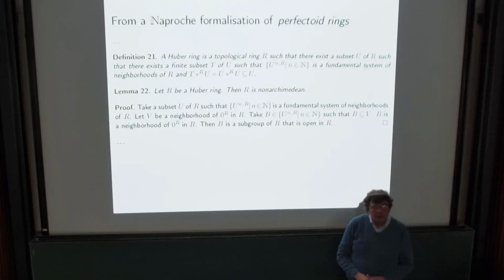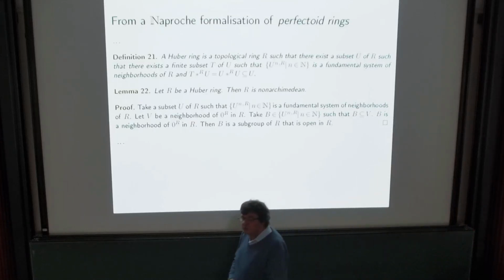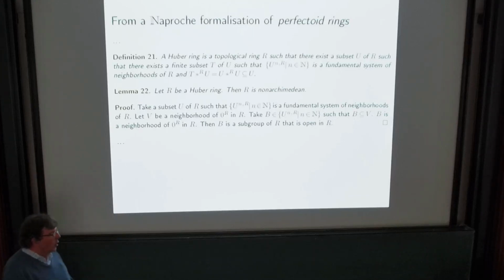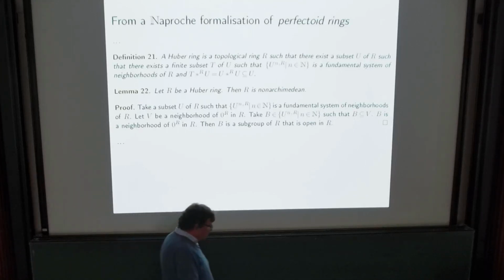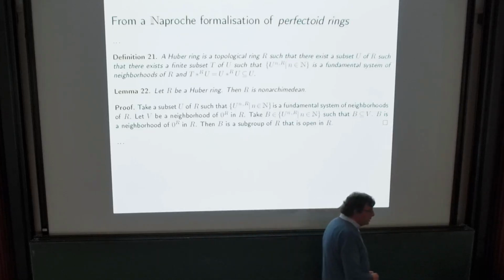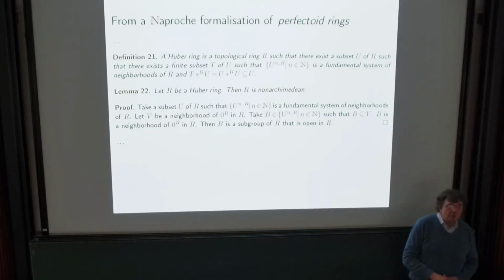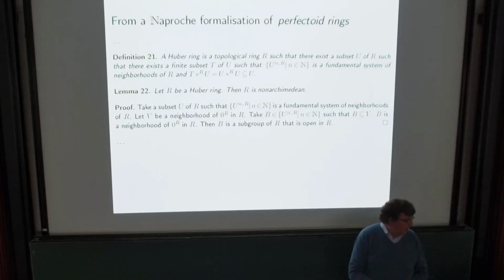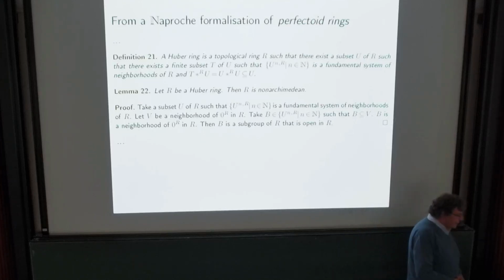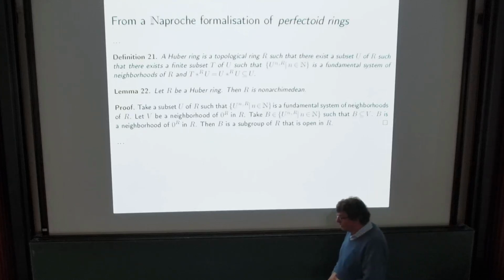So the snippets of Naproche that you saw are from a formalization of perfectoid rings in Naproche. Warning, perfectoid rings are just a component of perfectoid spaces, far from the complete notion. So I just thought this is something I should try, and it sort of led Naproche to its limits.